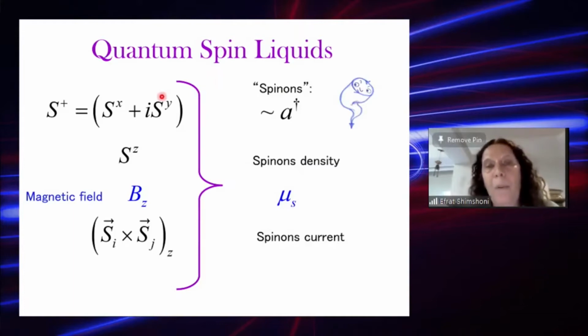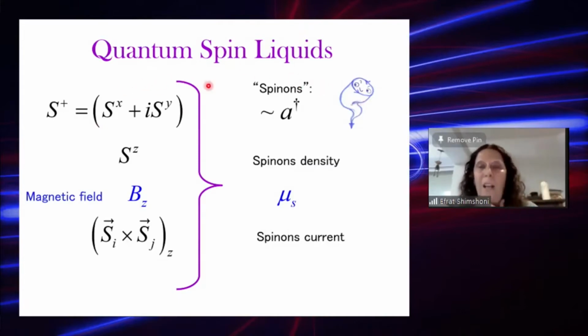So to adapt a model that has such a particle description, what you need is some mapping between the original spin operators and some particle entities. Such a mapping is usually very easily possible in one-dimensional systems, but you can also generalize it to higher dimensions.